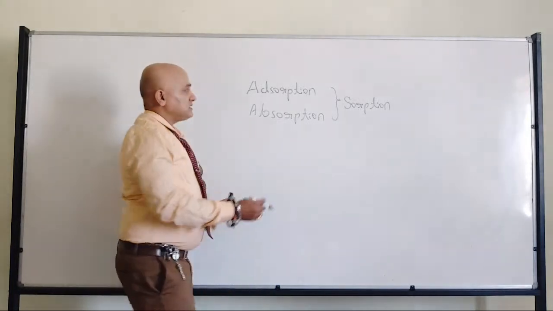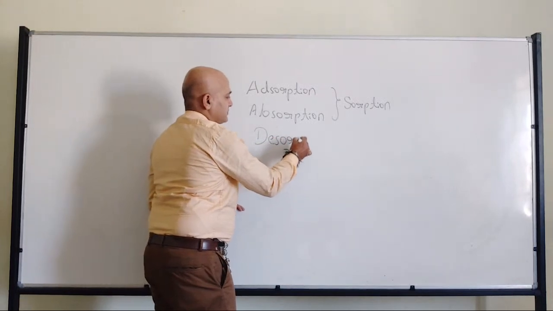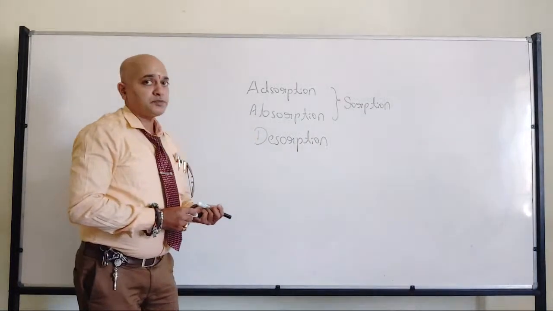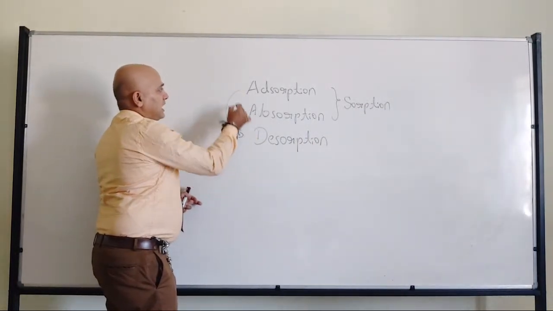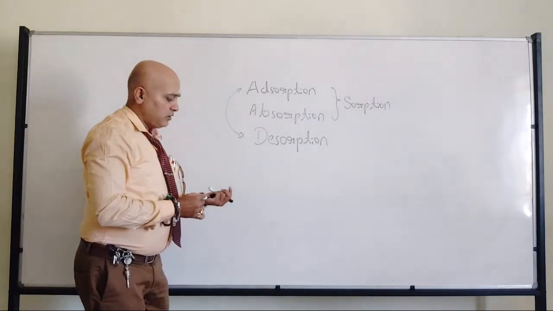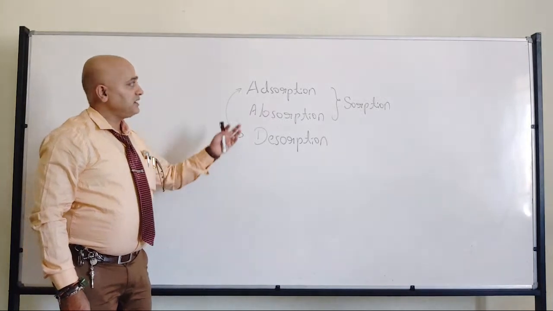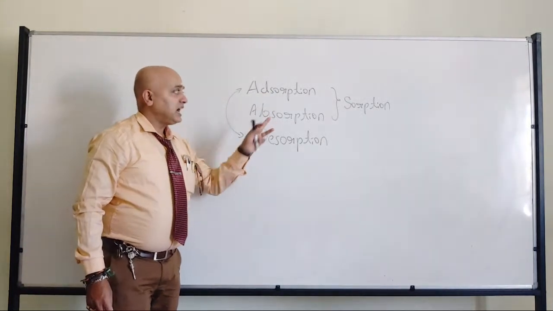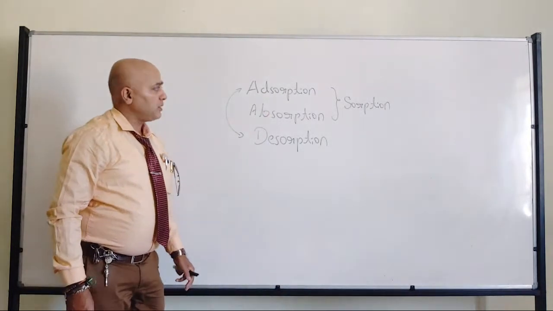Then we have discussed about desorption. And I told adsorption and desorption are opposite to each other. Right? So that's where we have adsorption, which is a surface phenomenon, and absorption, where interaction happens throughout the molecule or component.